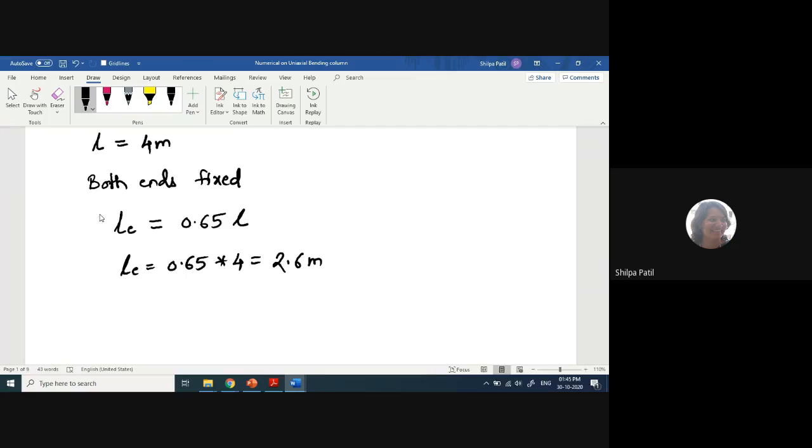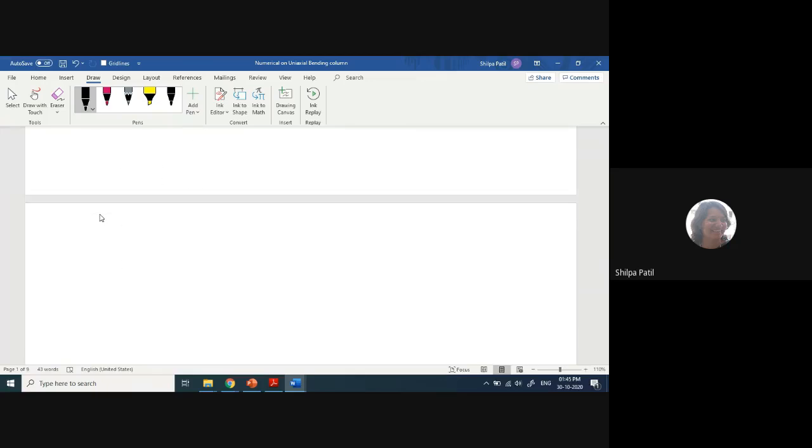Okay, then we will find out the slenderness ratio. The next step is finding slenderness ratio. It is lambda. The value is calculated as LE by B or LE by D. Both are the slenderness ratio.